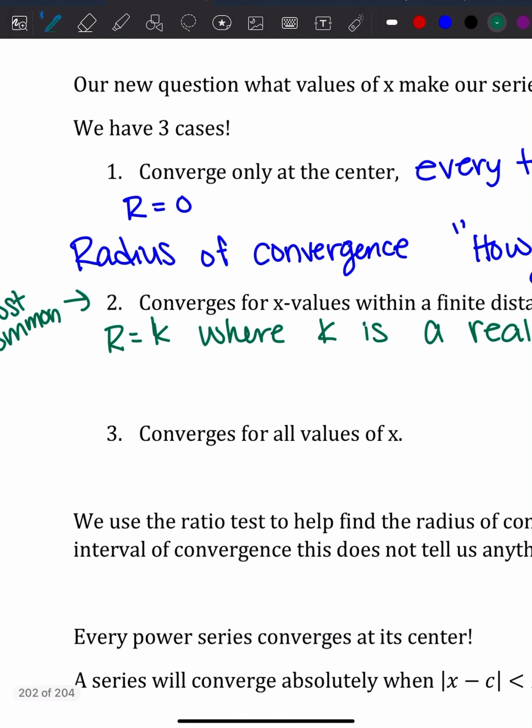One of the things that we need to know is that because it's a radius, it's kind of like a circle. So both sides of this from the center is going to be that distance away. So we want to remember that our interval is symmetric about the center.